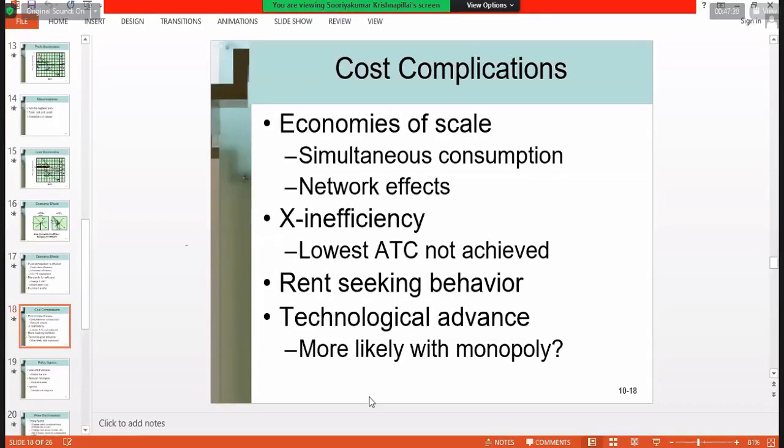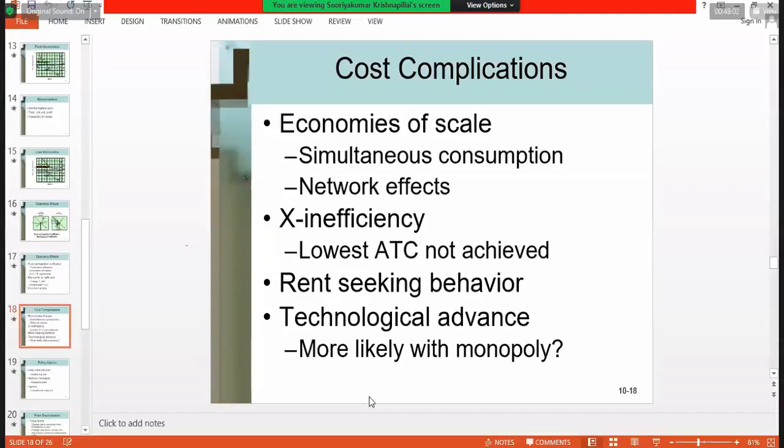For that they need to spend money that is not part of the production cost. So they may produce at a high cost also, even possible. So, rent-seeking behavior. To keep the monopoly status, they will do some activity. For that they spend money.